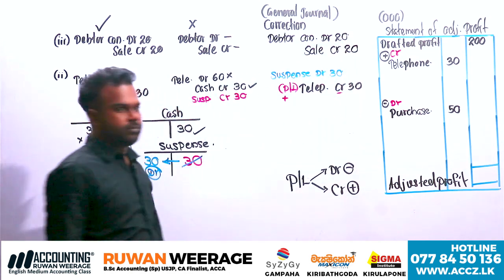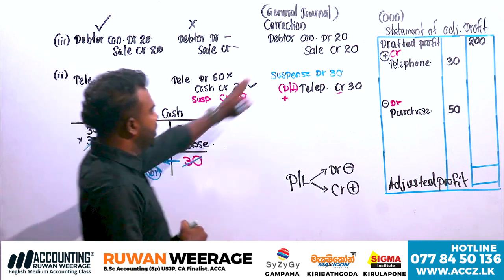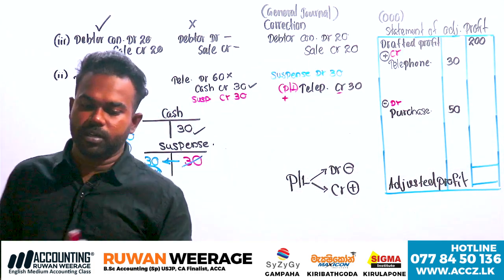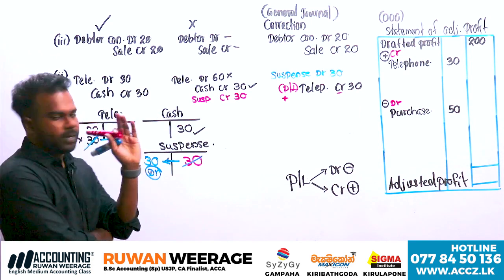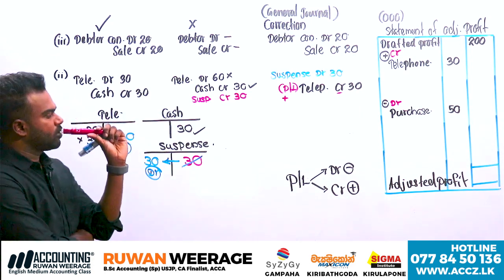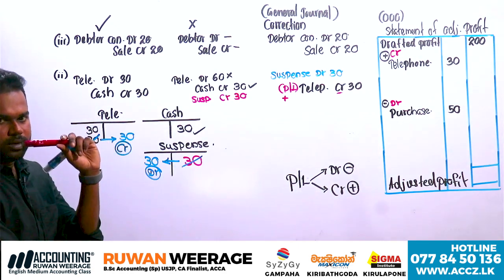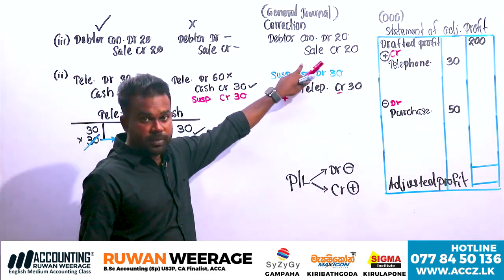Okay, understood. Please tell me how to adjust profit now. Look at the correction entry, tell me profit adjustment, plus or minus. Anyone can tell me. We look at debtor: what is it? Asset. Sales is an income.